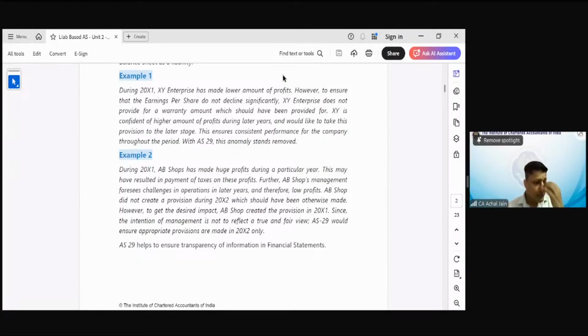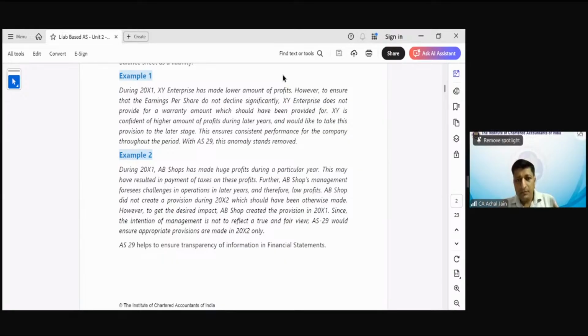Similarly, let's suppose the company has got higher profits during a year, and the company thinks that I'll have to pay higher taxes if I show such profits. So what can a company do? The company can record excess provision.